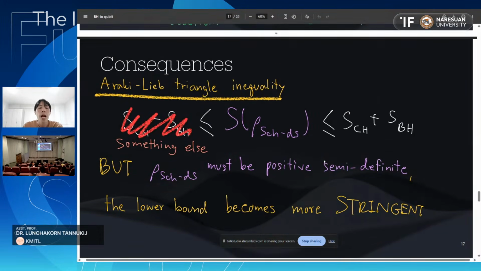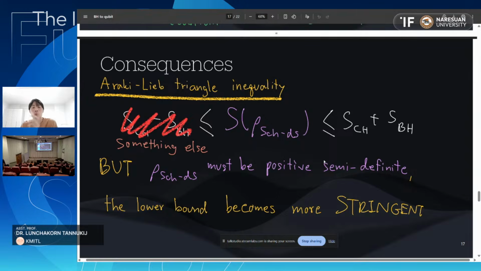Now, the other restriction is that it doesn't mean that when you construct a density matrix, you will end up with a physical matrix. What I mean is, if you remember what I said earlier about the density matrix, the diagonal elements represent the classical probabilities, right?